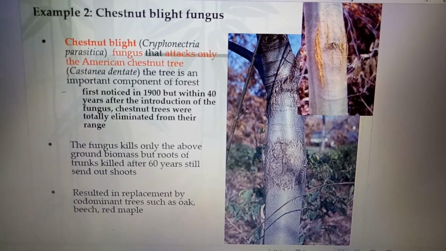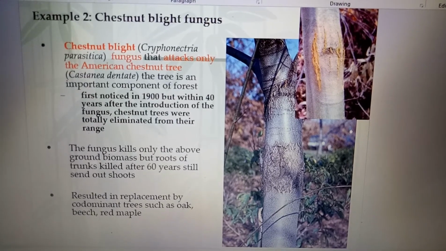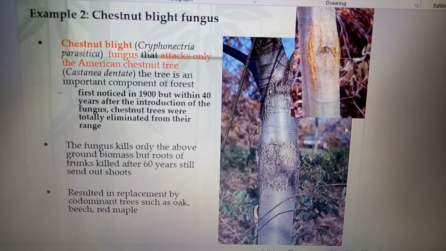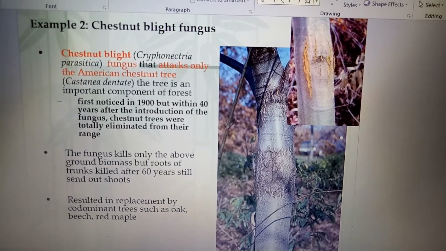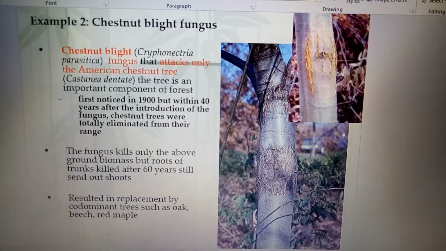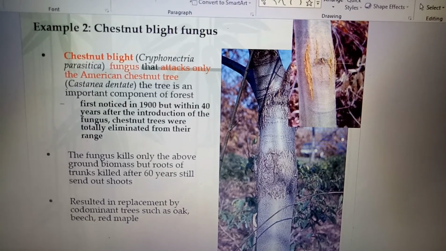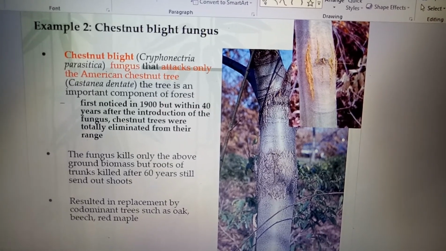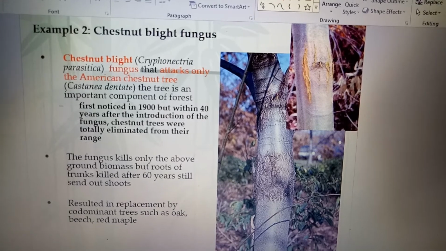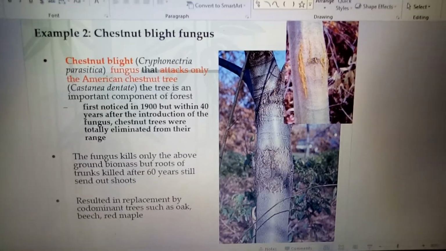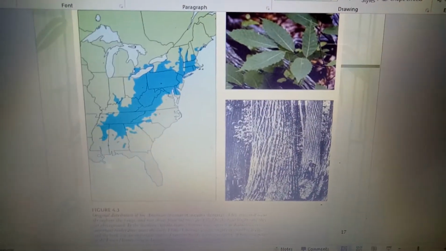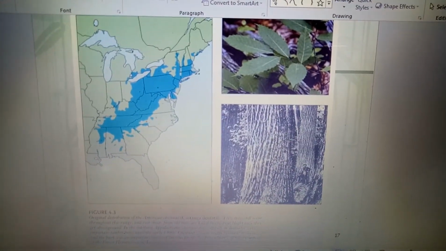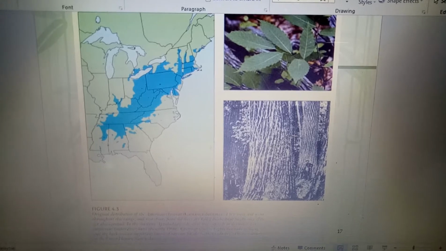Why? Because the fungus kills only the above-ground biomass, but the roots, even after the trunk is killed, still send out shoots for 60 years. This resulted in replacement by codominant trees such as oak, beech and red maples. This is about chestnut blight fungus, and this is the location of the chestnut fungus.